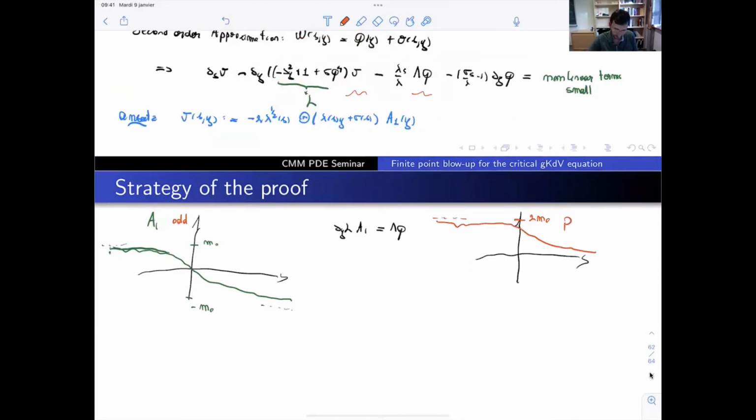So this was P. And somehow P and A1 are related by a resonance.